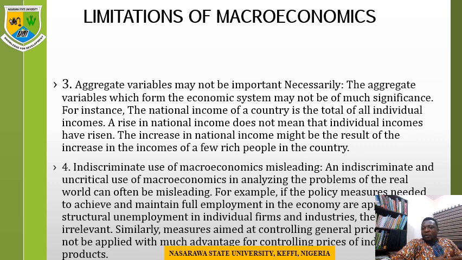The increase in national income might be the result of an increase in the incomes of a few rich people in the country, and that does not translate to an increase in other people's income. So if a few people, those tagged as rich people in the economy, have this increase in their income, this will increase the national income. But in reality, the large number of people in the economy will not have this effect of increase in income, because the rich are smaller in number compared to the total population in the economy.